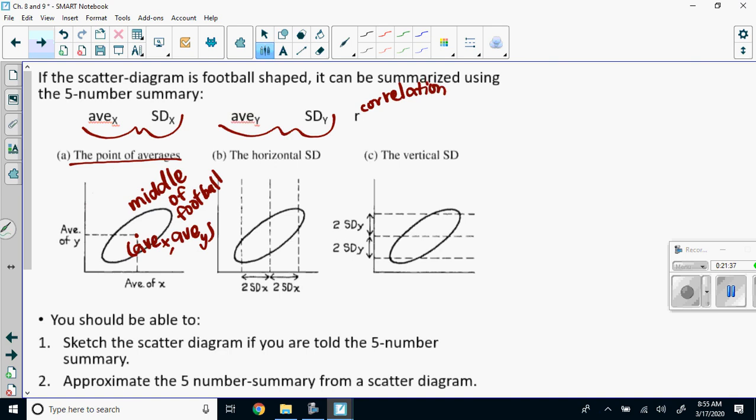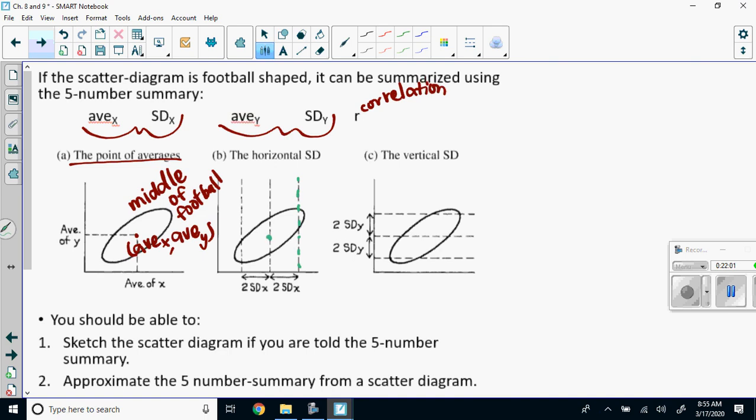And then you're going to take that middle and draw out 2 standard deviations away from the middle. And that should be at the edge of the football. So that's what we see here on our next one. If we take the middle and go out 2 standard deviations, that is basically the edge of the football.